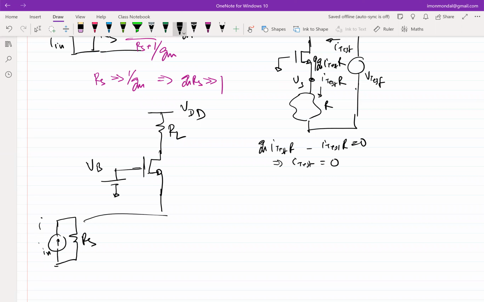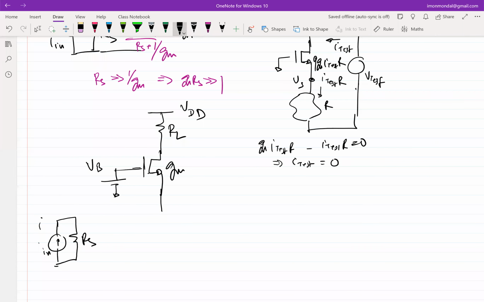That's the first thing. And if I cannot directly connect it, I have to ensure that the transistor is biased in some way. So what should I do? How do I set up the transistor in such a way that I have some transconductance gm? But the source I have not yet connected to anything, right?